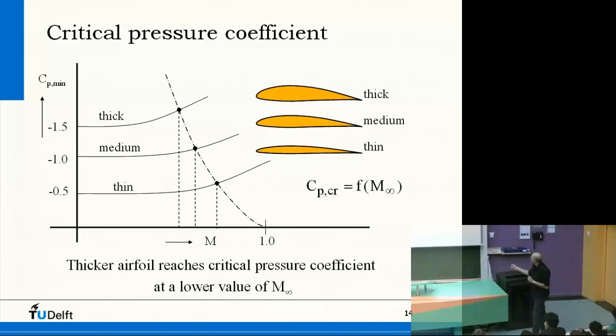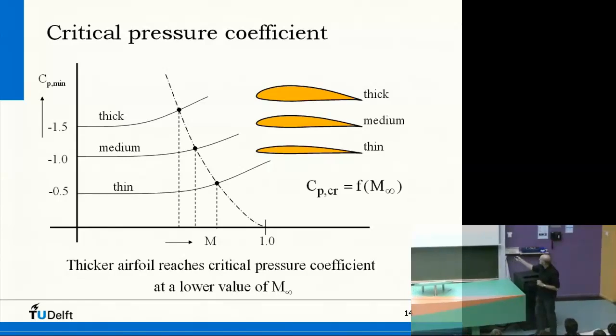Here you see for a thin airfoil, somewhere the lowest CP is minus 0.5, somewhere here on the thickest point. If you would increase the Mach number, then this would be the CP. If you have a medium thick airfoil, say 9%, 10%, this would be something like 14 or 15, and this would be 17 or 18, right? The moment you make it thicker, the CP goes up.